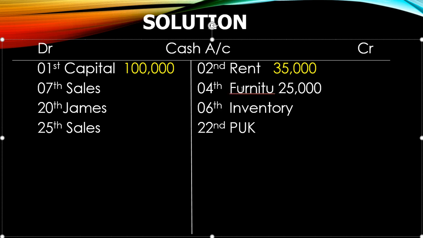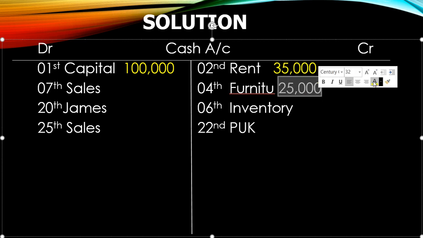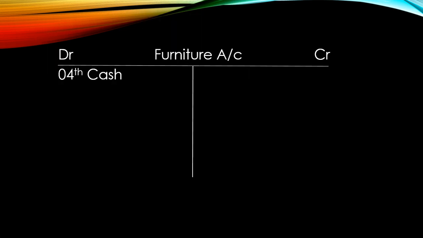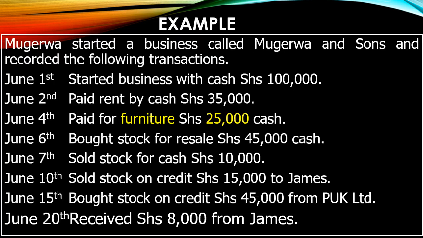Furniture 25. Then we go to furniture's account. We debit it with 25,000.